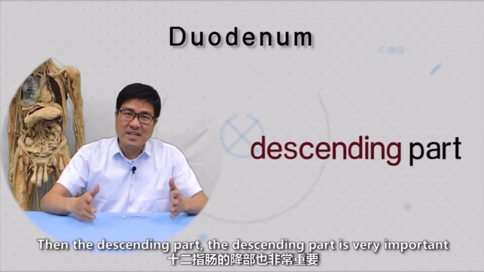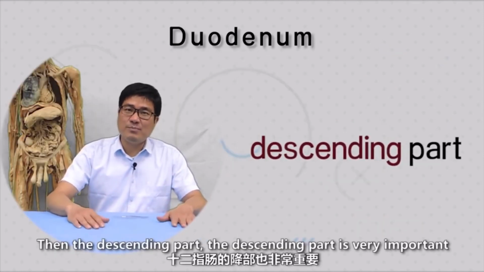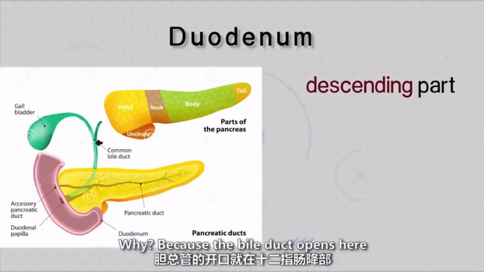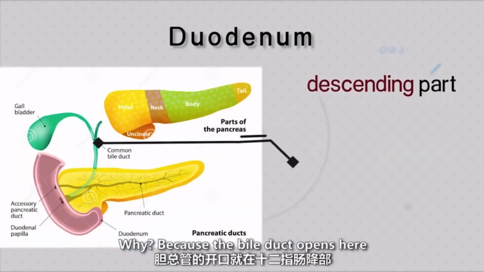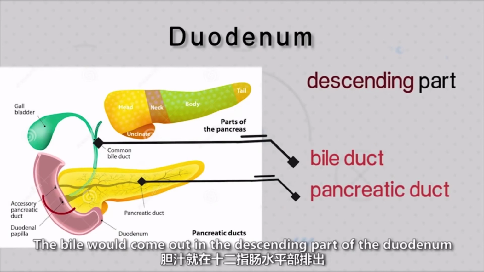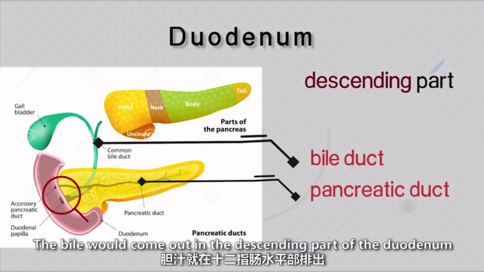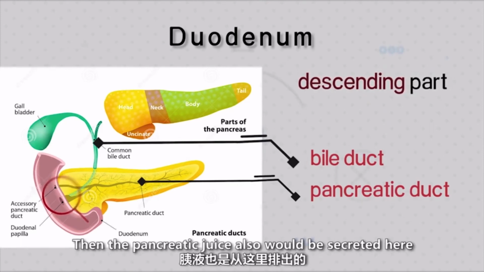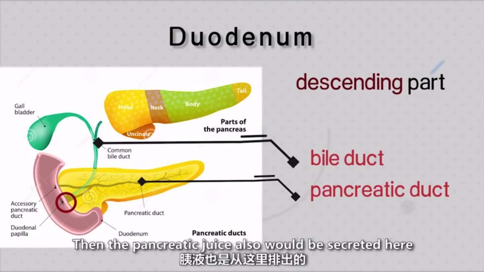Then the descending part. The descending part is most important, so I will show you here. Why? Because the bile duct opens here and the pancreatic duct also opens here. So the bile comes out in the descending part of the duodenum, and the pancreatic juice is also secreted here.